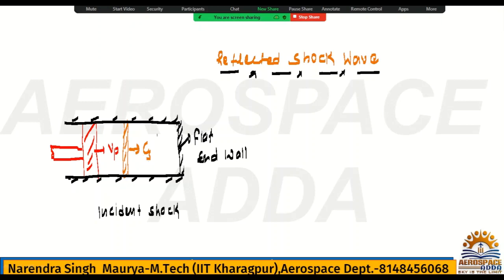I can consider this is 1 and this is 2. So what will be the V1 here? It will be 0. Okay. And behind the incident shock, the mass velocity is Vp.